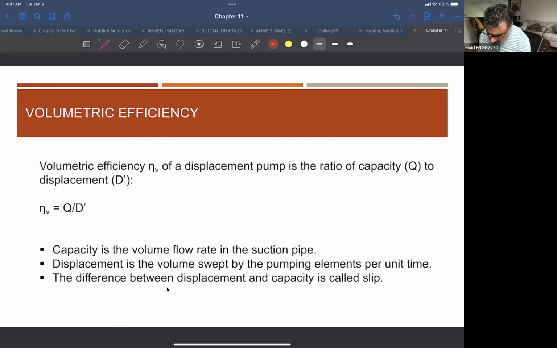Okay. So the capacity is the volume flow rate on the suction side, and the displaced volume is delivered on the delivery side of the pump, per unit time. Okay? And the difference between these is the slip or the leakage. And here again, this is internal leakage.